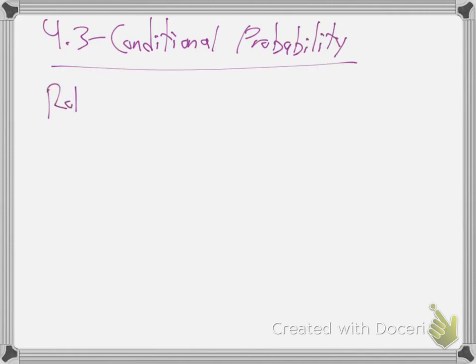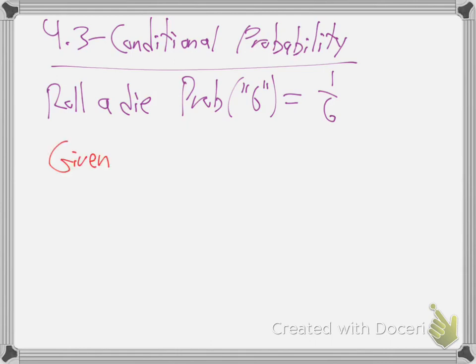If I roll a die, again, the probability that I'm going to get a 6 is 1 in 6, right? We know that because there's 6 sides, and a 6 is just one of the 6 sides. But now, if you're given the condition, this is where we get the word conditional probability.